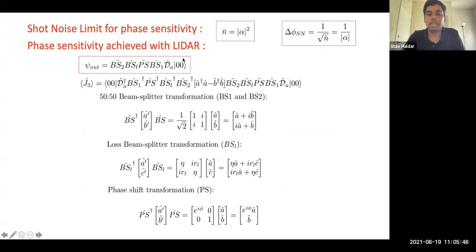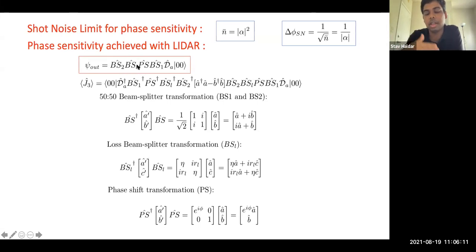You start with the vacuum mode from the two input sides, and then you apply the different operators that act on that input. You first coherentify the input in one mode, and the other mode you keep as vacuum. Then you apply the first beam splitter, there's the phase shift, and then there's the loss beam splitter.